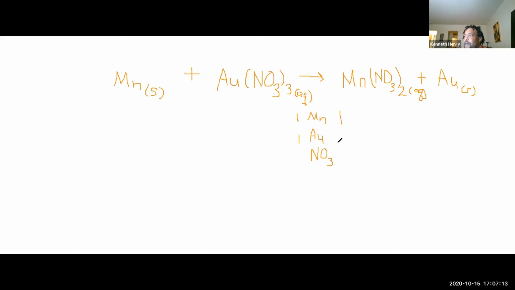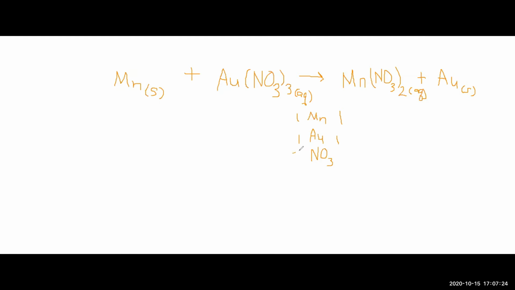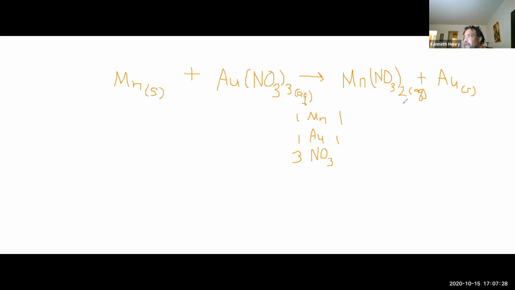On the product side, how many do I have? One. On the reactant side, how many nitrates do I have? Three. On the product side, how many nitrates do I have? Two. Okay. So what do I need to do to balance it out?